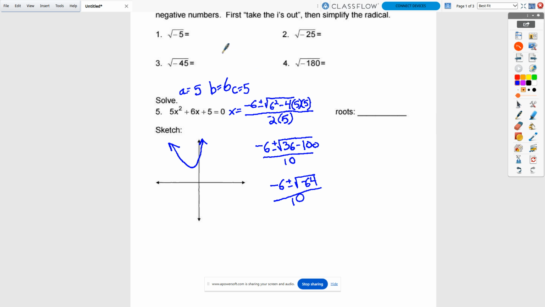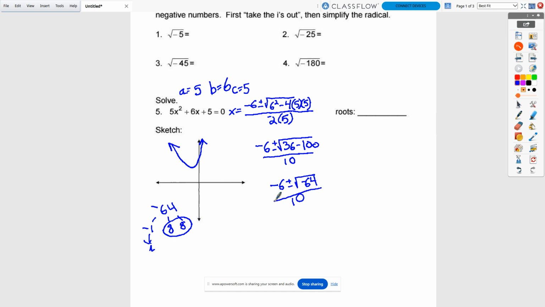Okay, and then just like I did up here, I'm going to take the square root of that negative 64, which I could split up into negative 1, an 8, and an 8, because 8 times 8 gives me 64. So everything will come to the outside, and just remember that negative 1 is going to turn into an i that we use to represent that imaginary number.